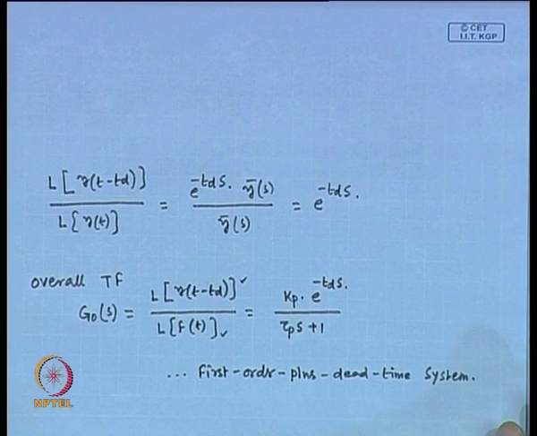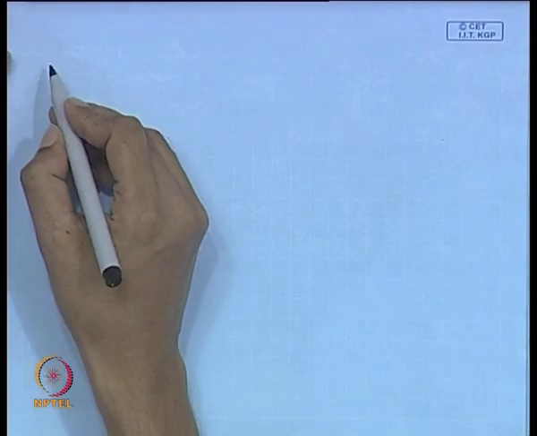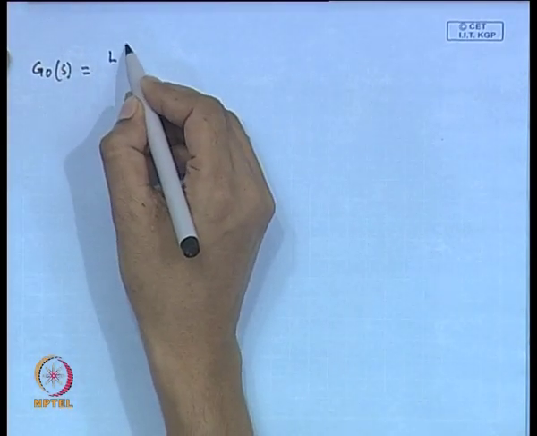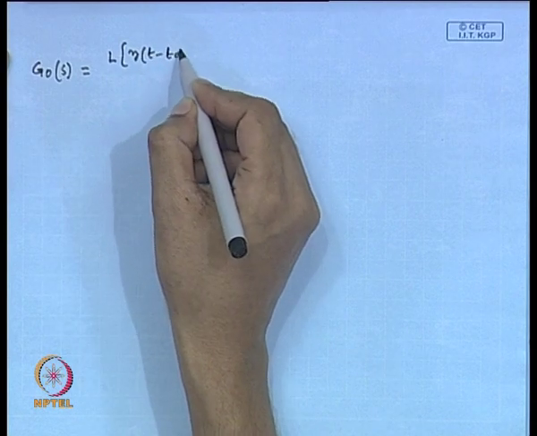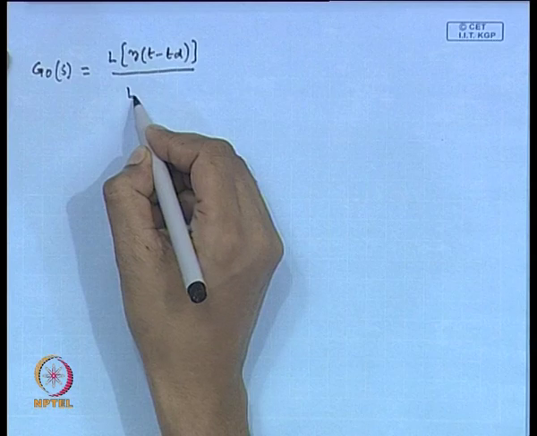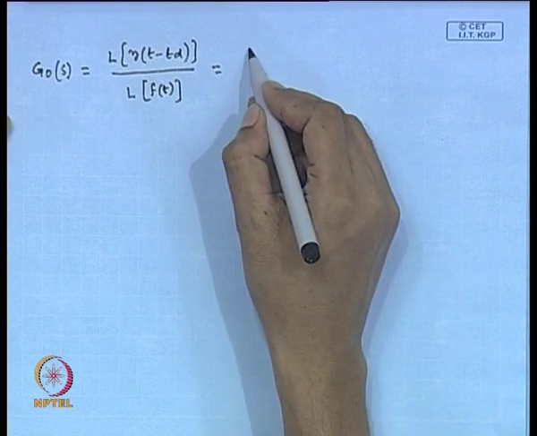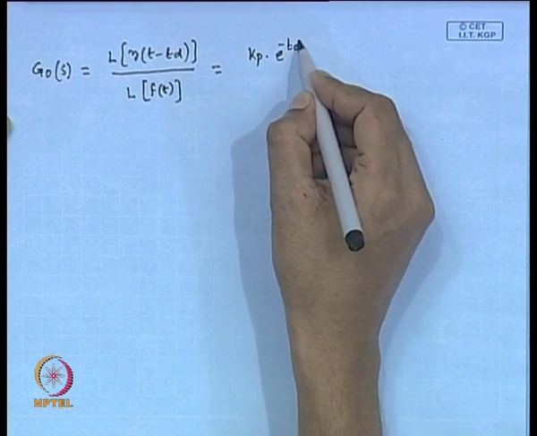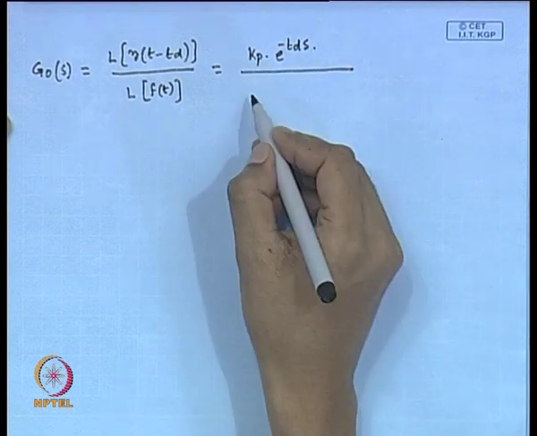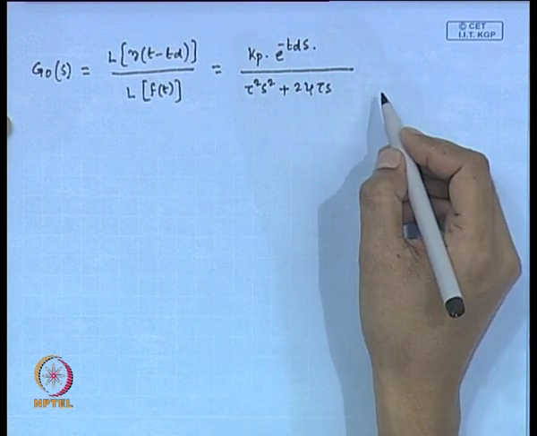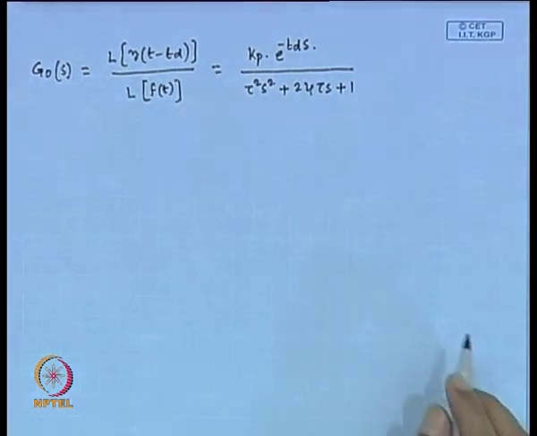Fine. Similarly, if we consider a second order process, then the overall transfer function we can write as G naught s equals Laplace transform of y(t minus td) divided by Laplace transform of f(t) equals Kp exponential of minus td s divided by tau square s square plus 2 zeta tau s plus 1.